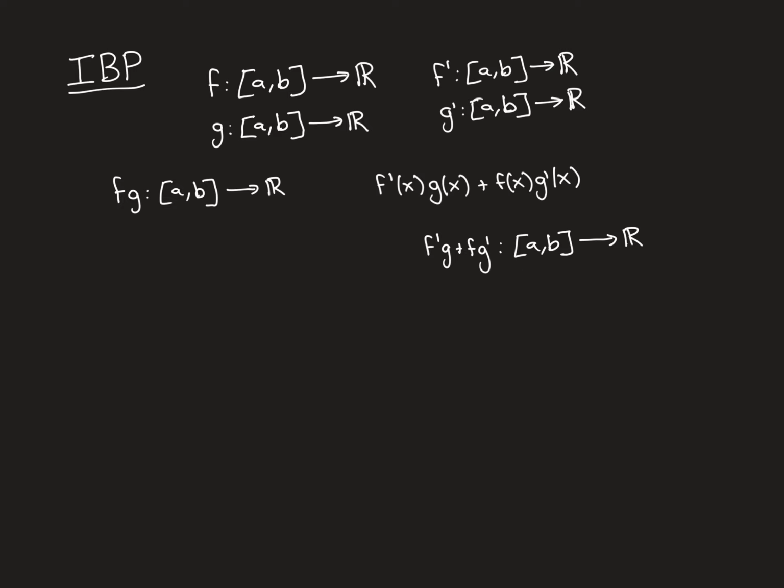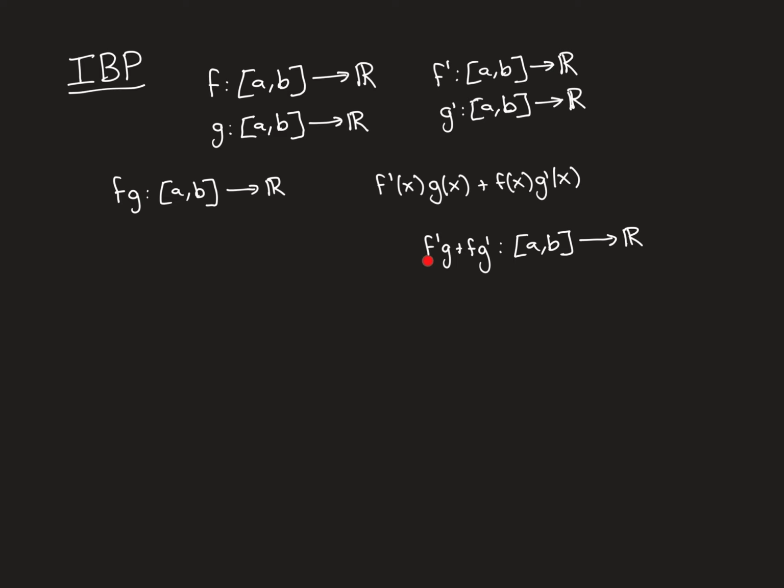The reason being is that look at what it's built out of. We know all of these things are Riemann integrable over the interval ab, so we assumed f prime and g prime were Riemann integrable over the interval ab, and we got that f and g were Riemann integrable by the fact that they were differentiable everywhere and therefore continuous everywhere.